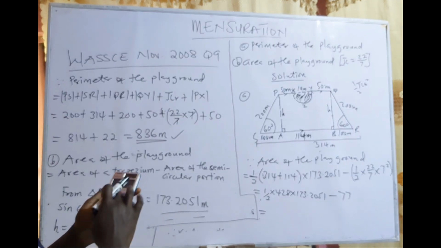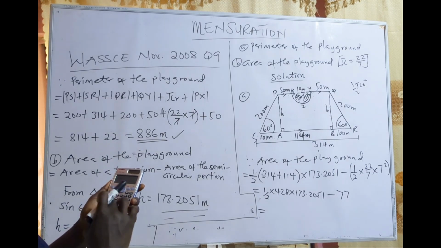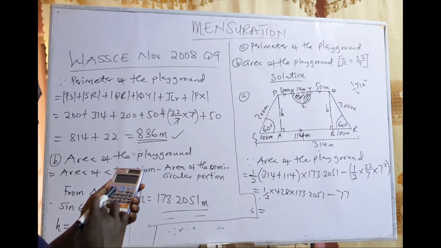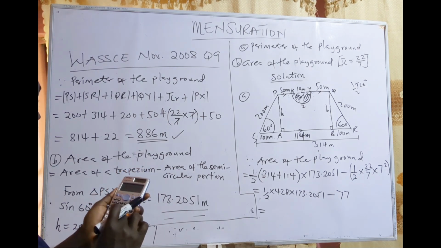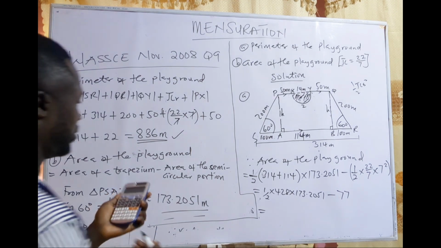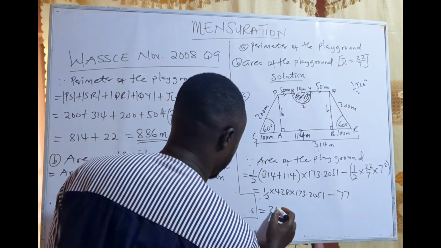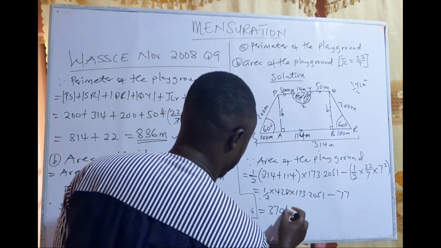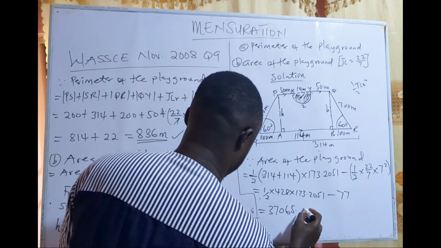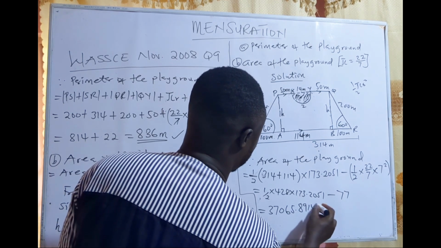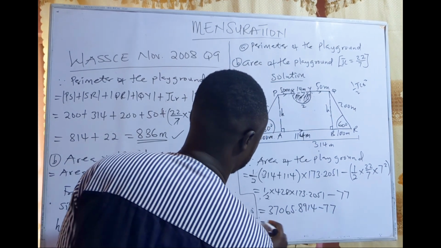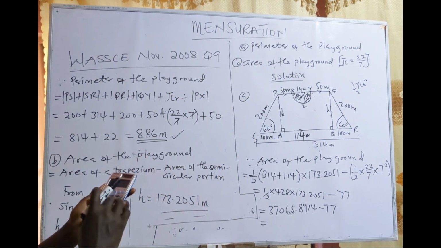Half times 428 times 173.2051 will give us 37065.8914 minus 77. So we are almost there.